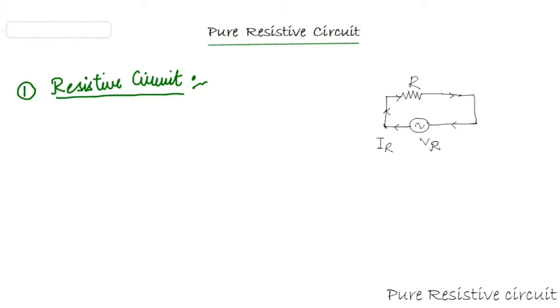Now in the resistive circuit, it is given that IR equals I naught sine of omega t.